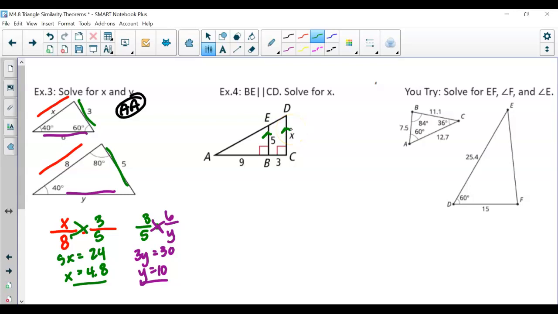So now here we're given that BE is parallel to CD. So technically here, we could also use AA theorem, right? Because if these two sides are parallel, then what is the relationship to show that E is congruent to D? They're corresponding. They're in the same spot, same position. So this is another AA theorem.